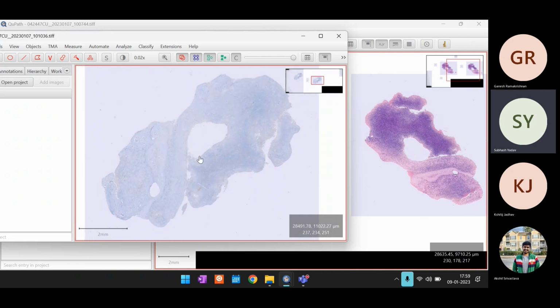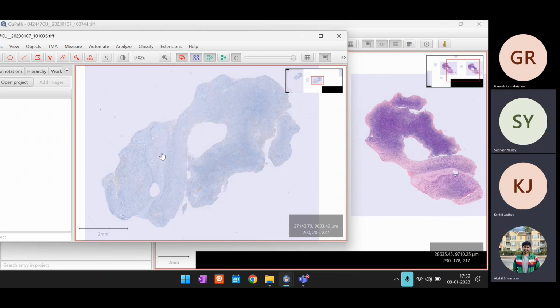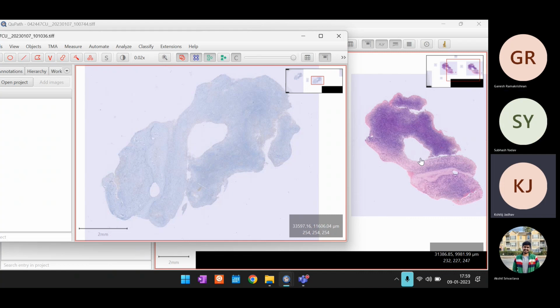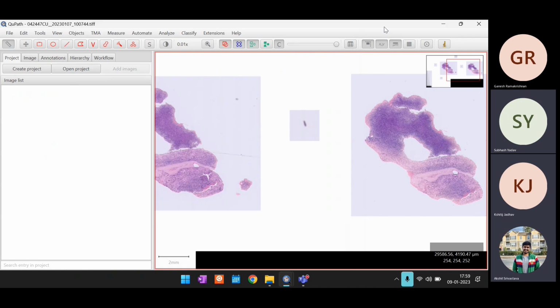So I think this is for CD30, right? Yes, this is CD30 and this is HNE. So you will first have to flip the HNE on the vertical axis so that it roughly matches and overlaps. That is the first thing you will have to do.